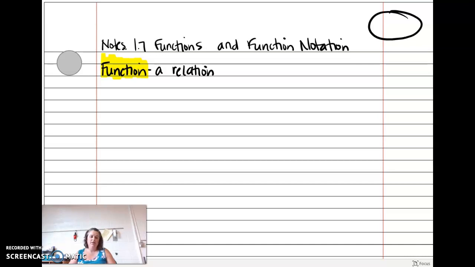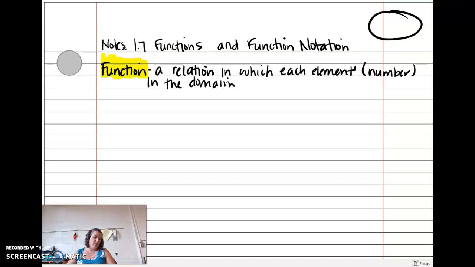And if you recall, a relation is a set of ordered pairs in which each element, which we know is a number, in the domain is paired with exactly one element in the range.